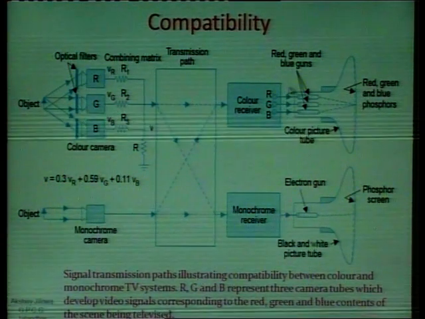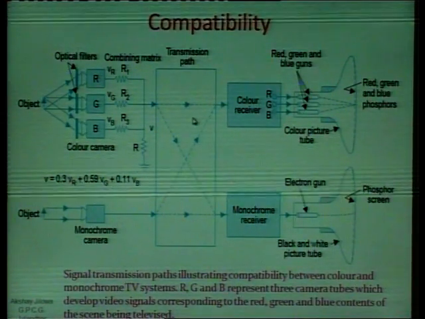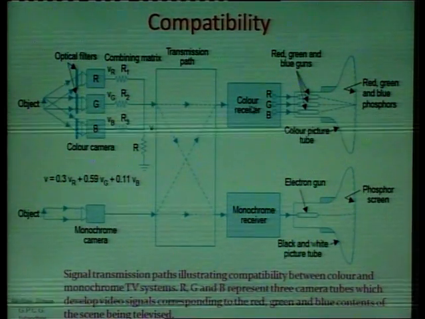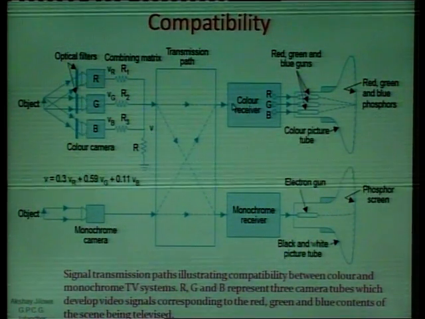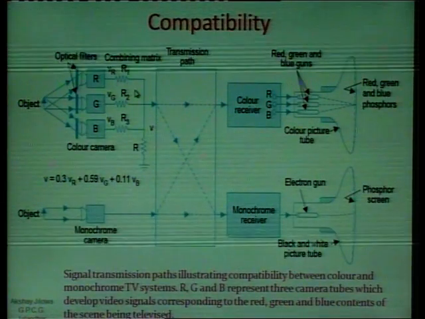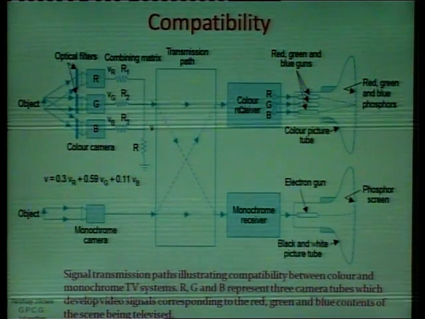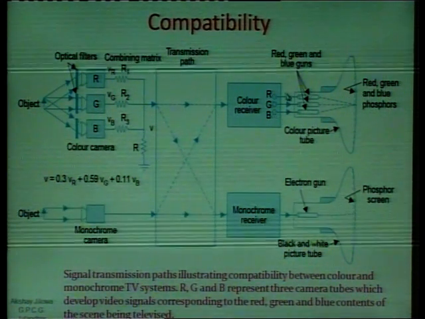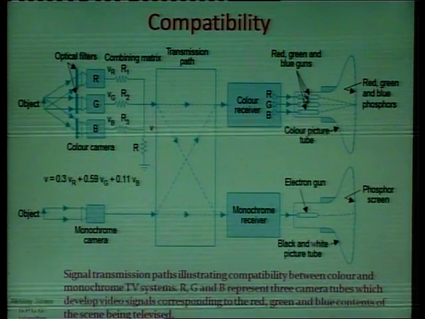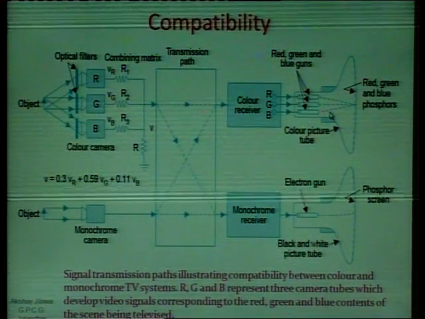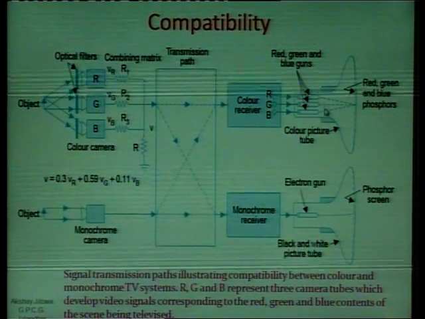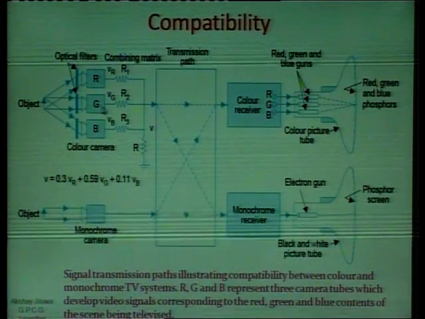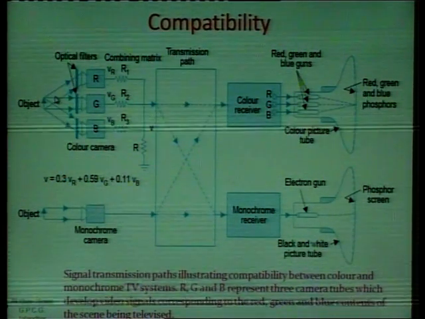If the color receiver is there, the signal is received here, and with the help of a decoder, this information which was encoded here as red, green and blue is decoded and fed to the red, green and blue electron guns. The electron guns emit red, green and blue signals in corresponding proportion, and that is combined here to give the same kind of spot which was picked from the object.